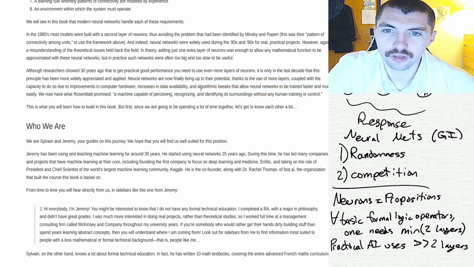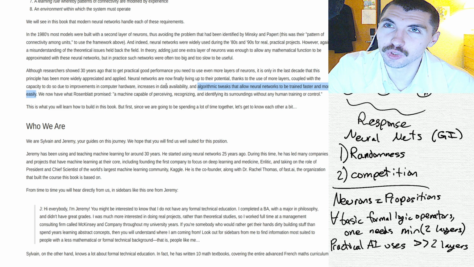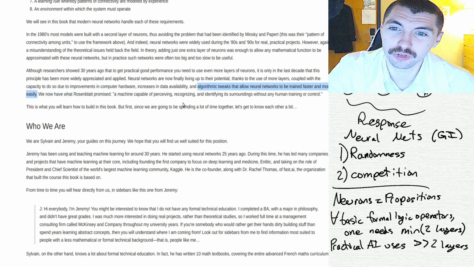Okay, so what algorithmic tweaks allow neural networks to be trained faster and more easily? The language model did tell me that the sigmoid function has kind of been replaced by the ReLU function. So I'm thinking that's one example of that.